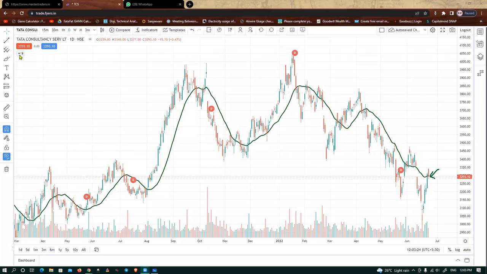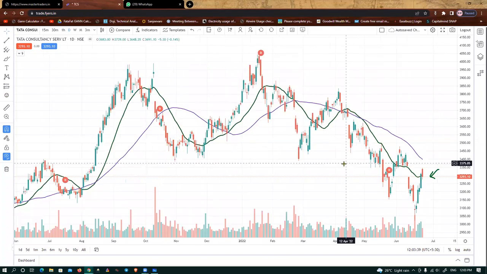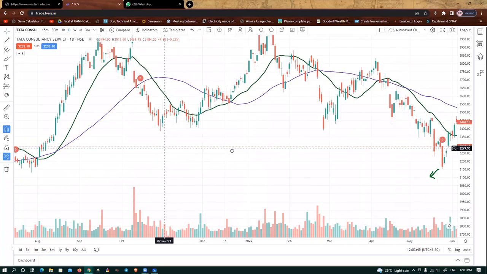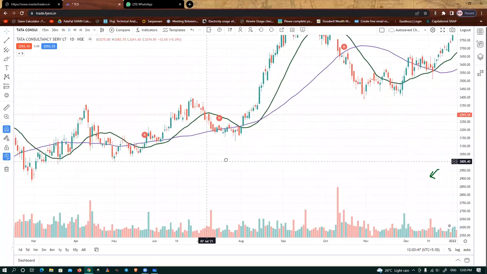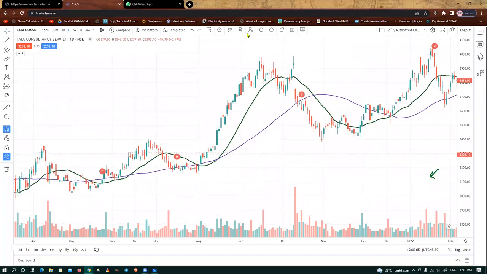Now let me plot the 50 days moving average with this. This is the 50 days moving average. You can see the price is trading above the 50, and also above the 20.